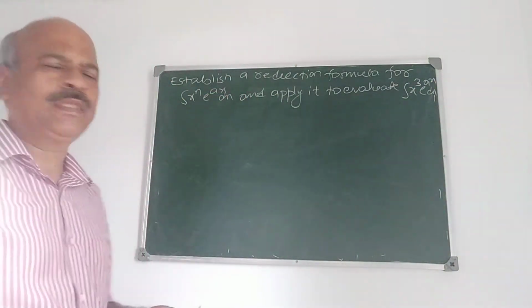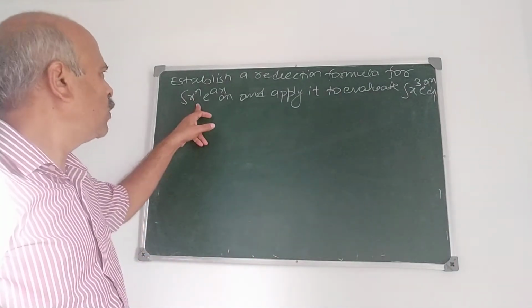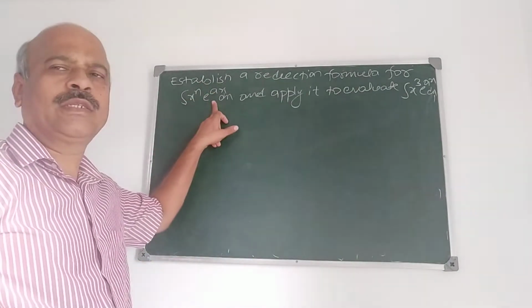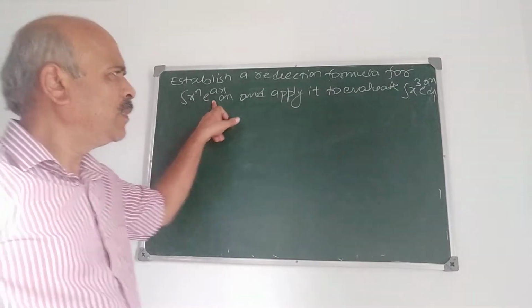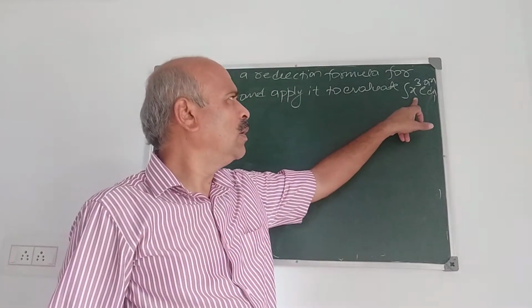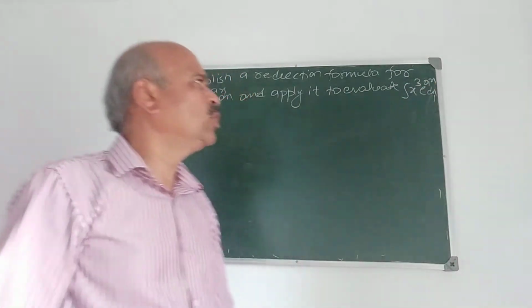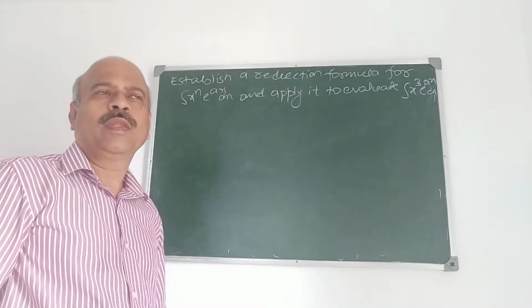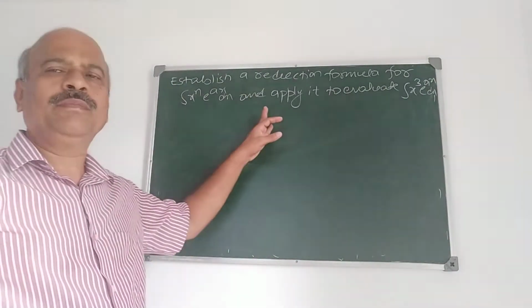See, the first step is derive reduction formula for x raised to n e raised to ax and apply that formula for evaluation of integral x cube e raised to ax.